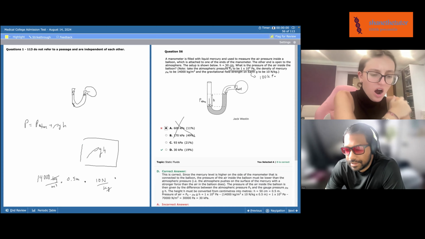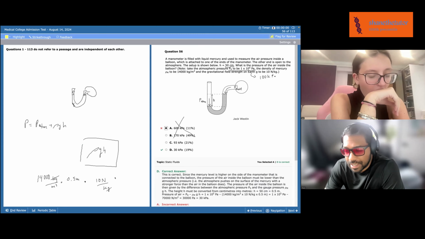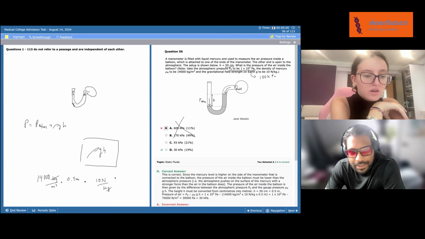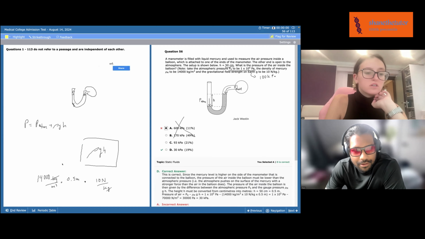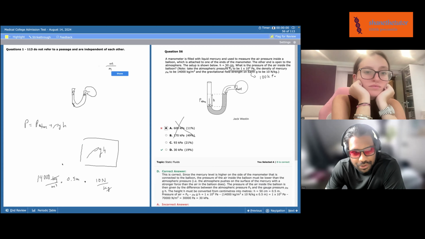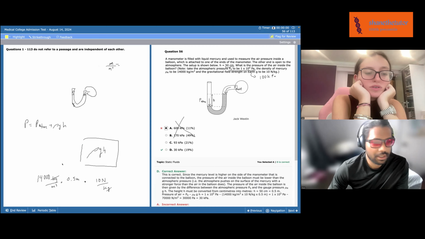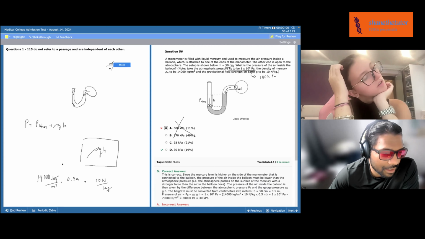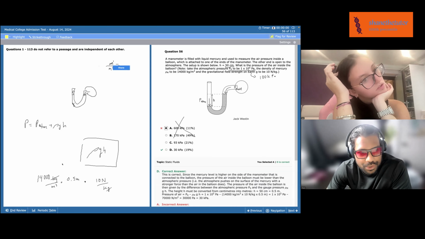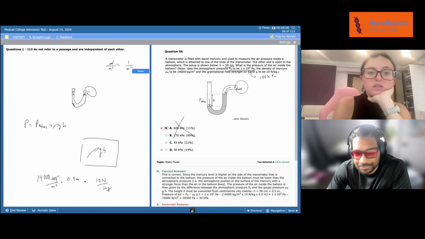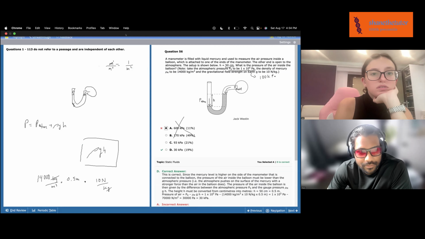But thankfully, if it's just meters over meters cubed, meters goes into meters once, meters goes into this... So this would just be 1 over meters squared, right?